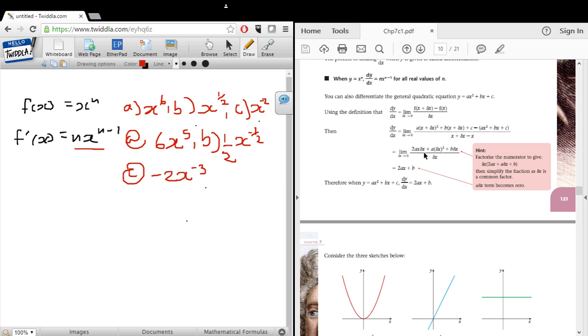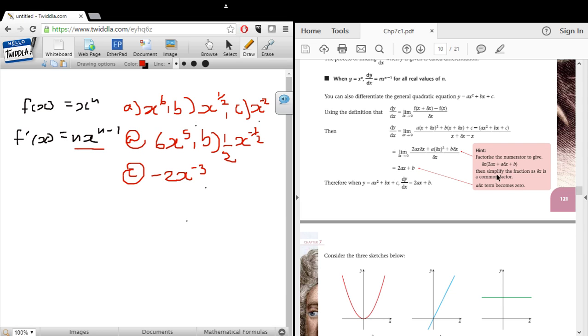And now essentially they've said as delta x goes to 0, so this goes to 0, this goes to 0, and essentially, well, if we factorize this, okay, we can see that everything will be going to 0 except that we have 2ax plus b.